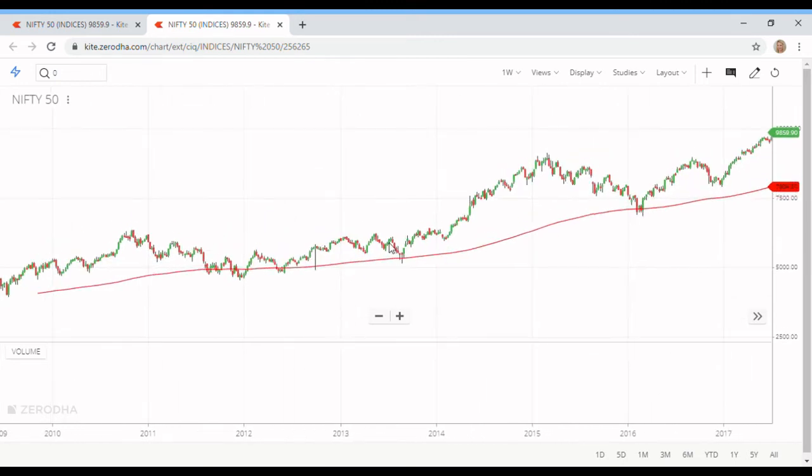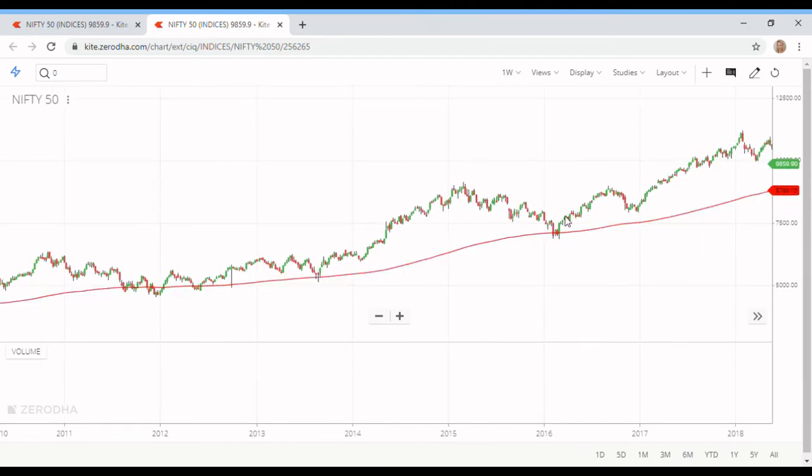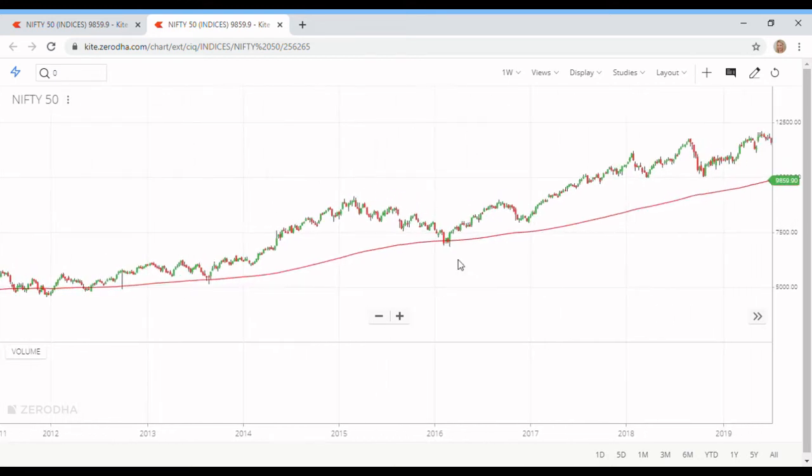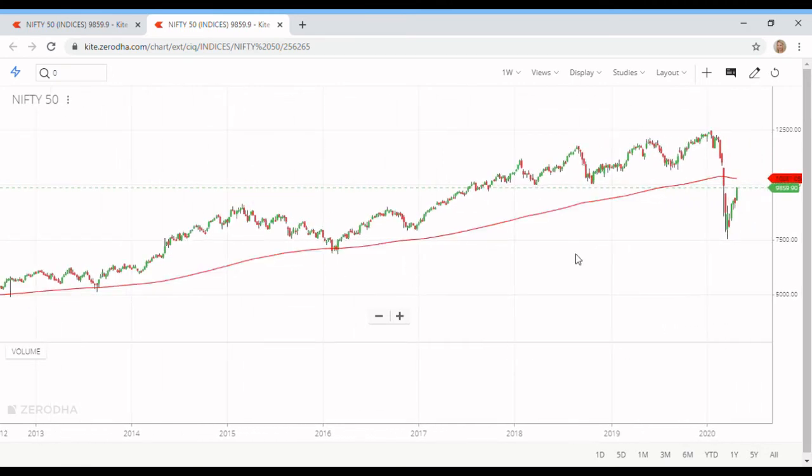Here it gave a signal to buy, and you can enter a trade and close it here, or even add multiple lots once the price again hits the moving average levels.